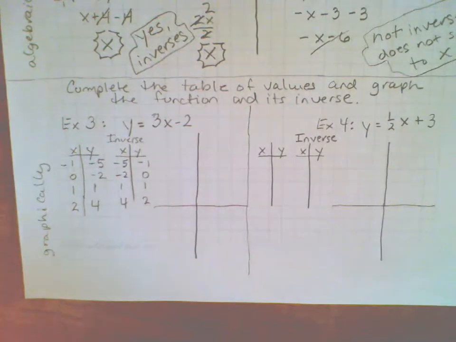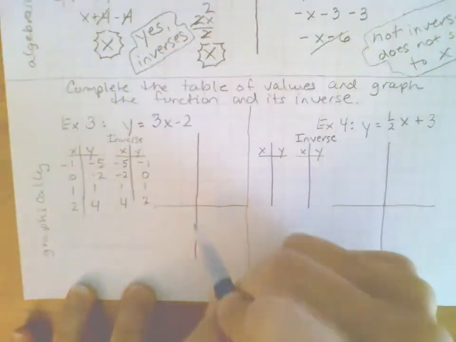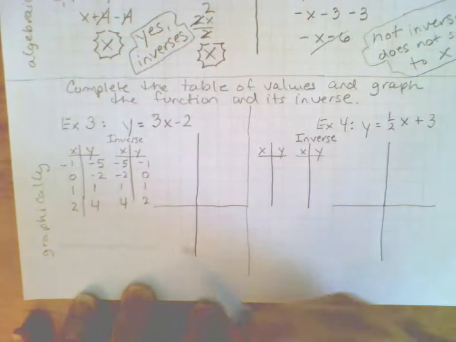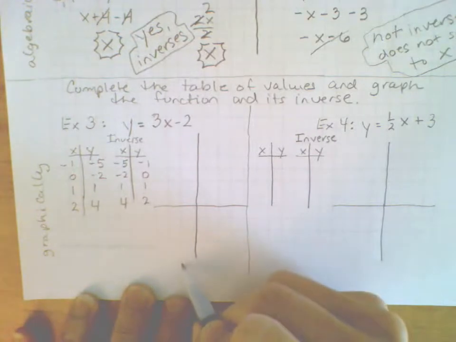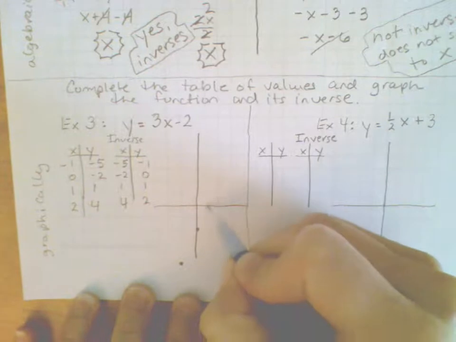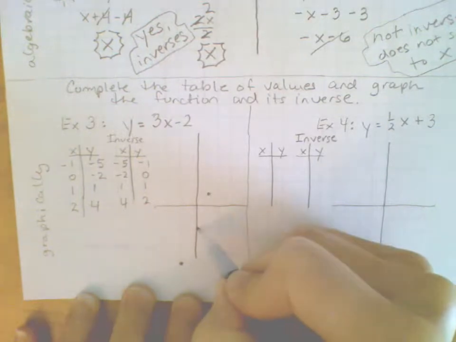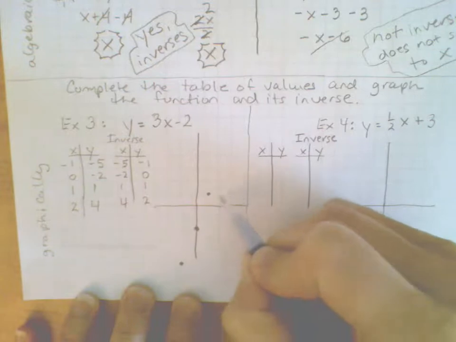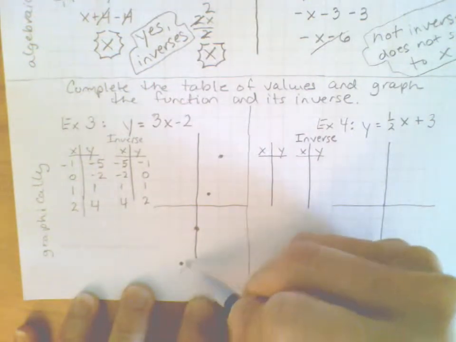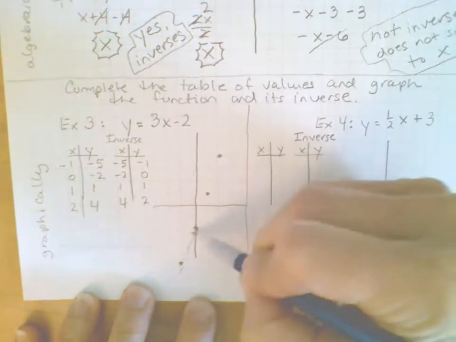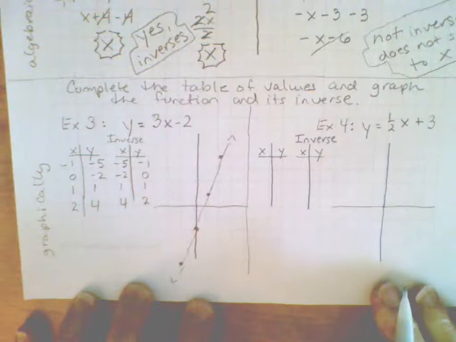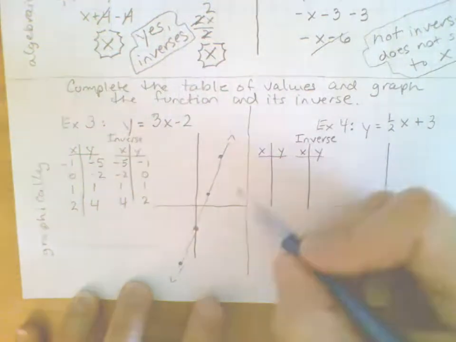Okay, so now I'm going to plot each table, if I have room here. So negative 1, negative 5 will be down here somewhere. Okay, so there's our first line. And then I'm going to graph the inverse.